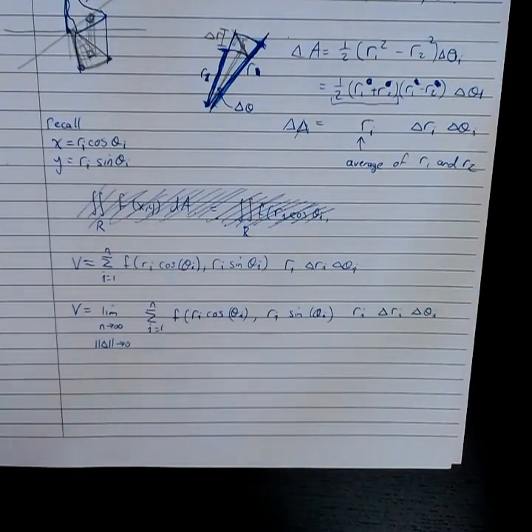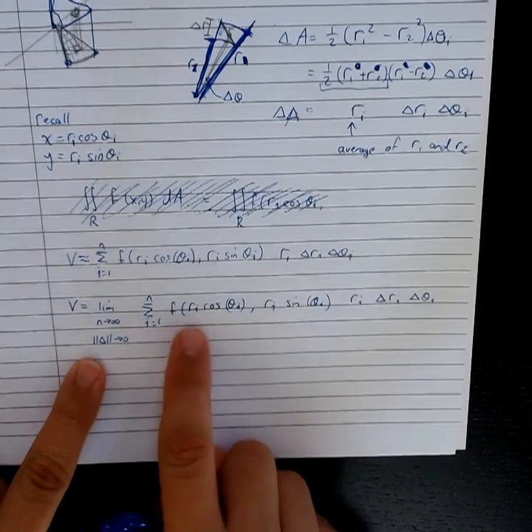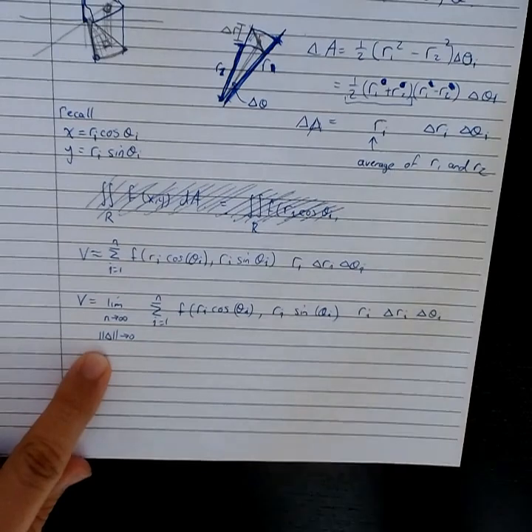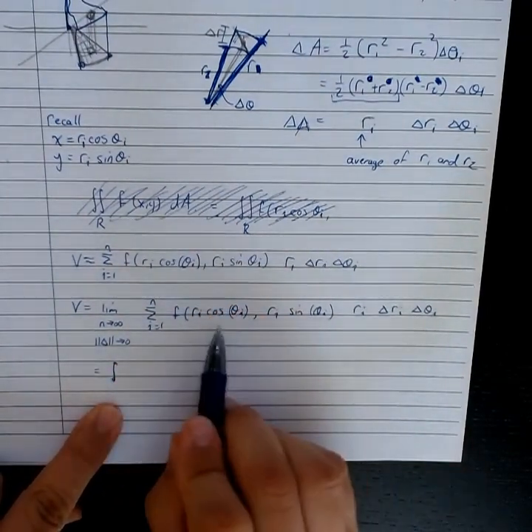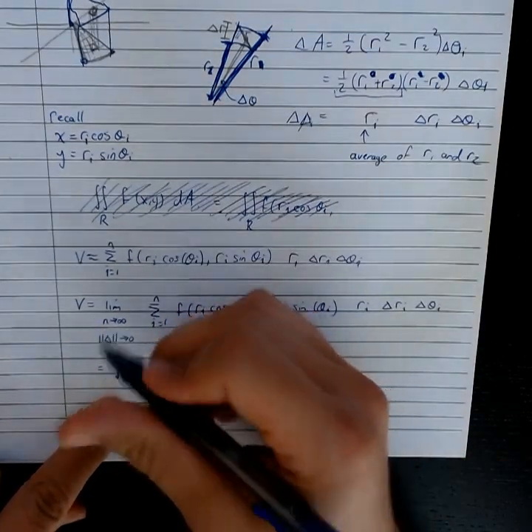But that's an integral. After all, that's the limit of a sum. Here we have the limit of heights times bases. This is an integral. Well, yeah, but it's an integral over two different variables, r and theta. Okay, so it's a double integral.